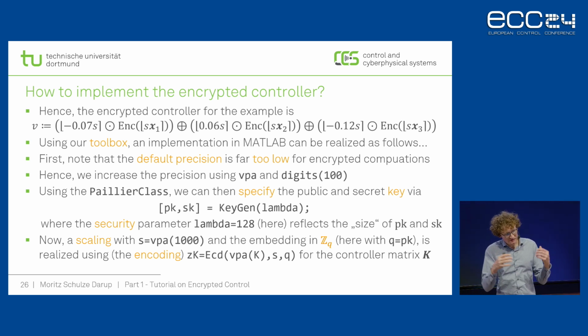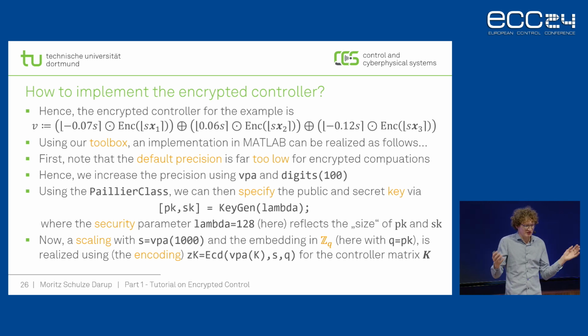This functionality, the scaling and the modulo operation, is all packed in the encoding function, because later on for the more complex crypto systems, this encoding step, so getting our data ready for encryption, will be much more complicated, and hence we coupled everything together in this encoding routine. And here it's evaluated for the controller matrix, leading to this integer set K as a representation of the controller matrix.